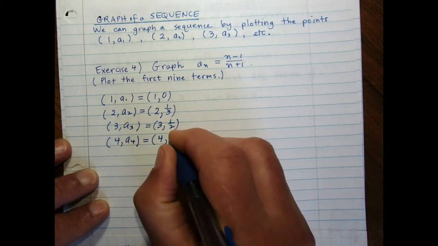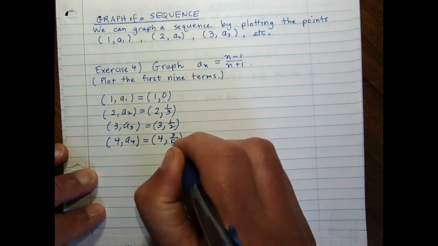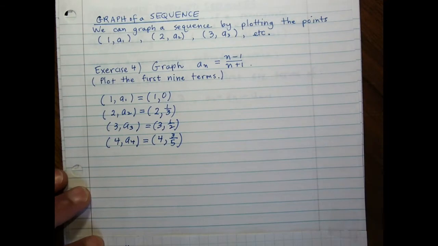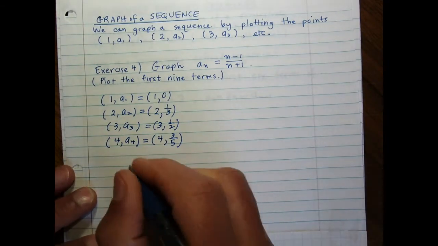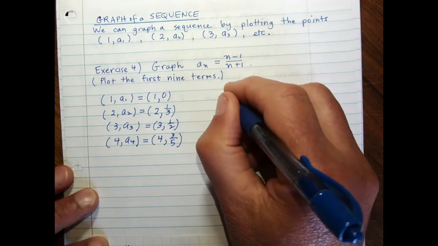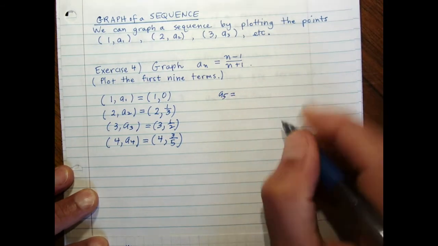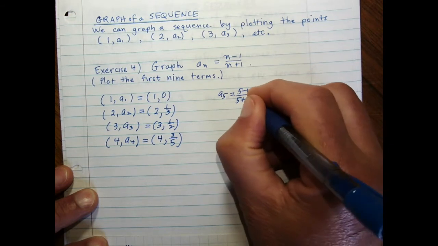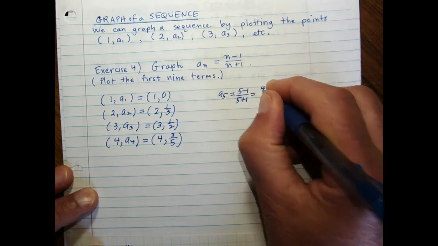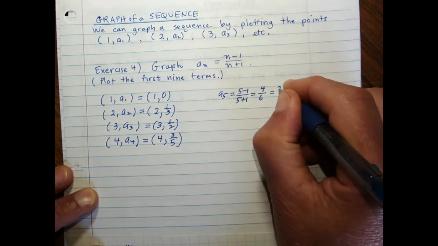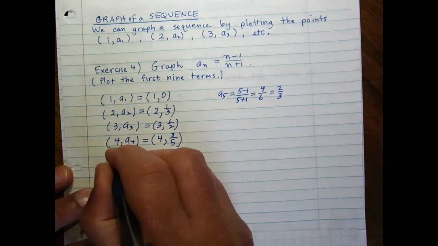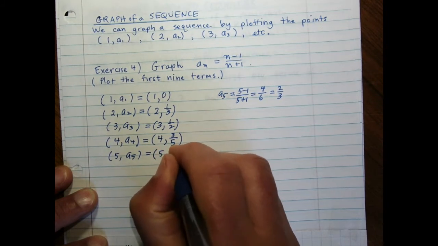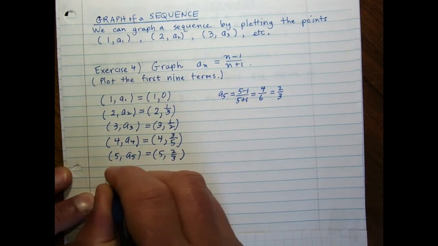Now we have to figure out some more of these. Just on the side here, a sub 5 is going to be 5 minus 1 over 5 plus 1. So that's 4/6 or 2/3. So (5, a sub 5) is (5, 2/3). (6, a sub 6): a sub 6 is 6 minus 1 over 6 plus 1.